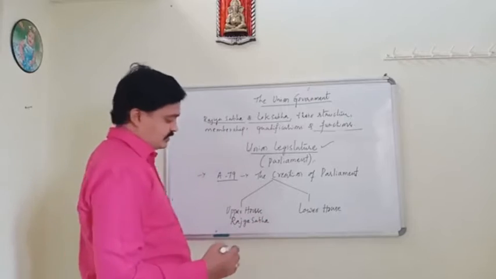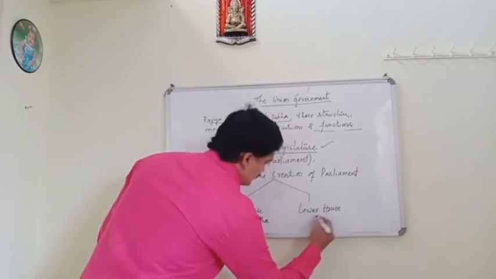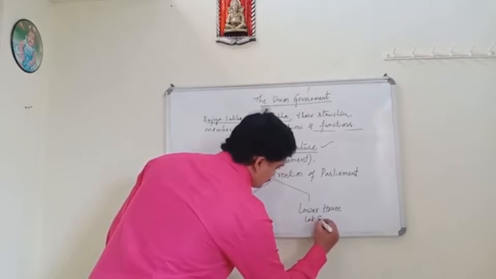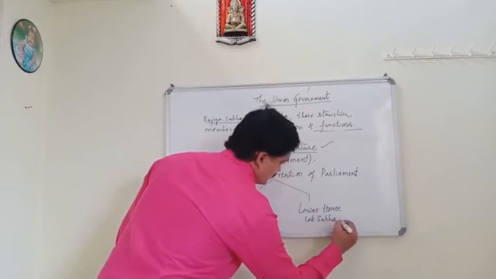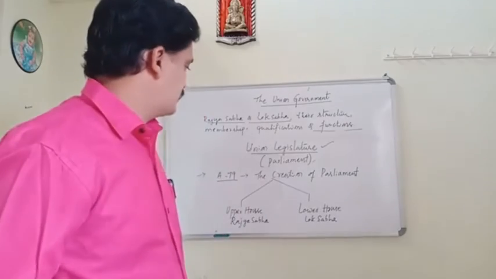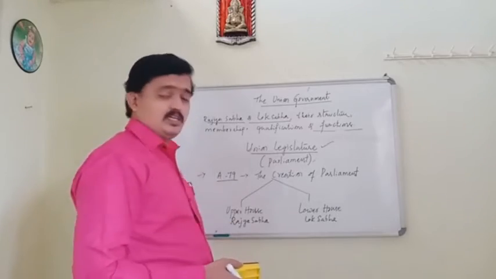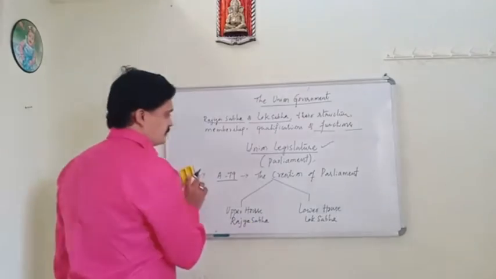Rajya Sabha is called the upper house of the parliament, and Lok Sabha is called the lower house of the parliament. So let's move on. The upper house called Rajya Sabha.